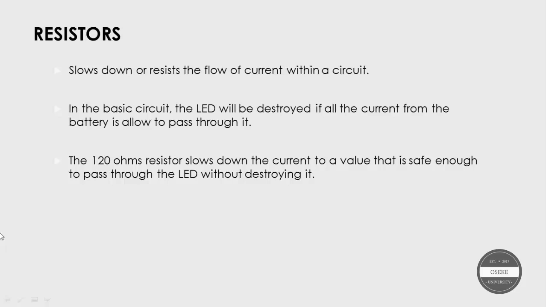I selected a 120 ohm resistor to slow down the current to a value that is safe enough to pass through the LED without destroying it. All of that was achieved through some simple calculation, which you'll learn about in the upcoming videos.